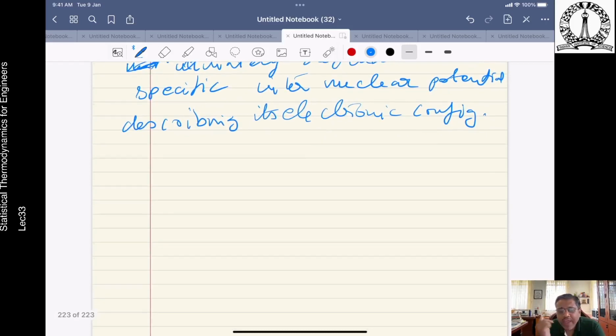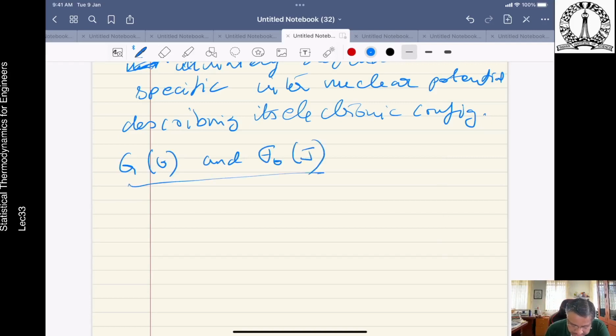So we have to devise more realistic expressions for G_v and F_vJ. We need more realistic expressions.